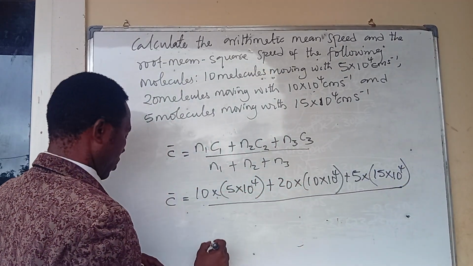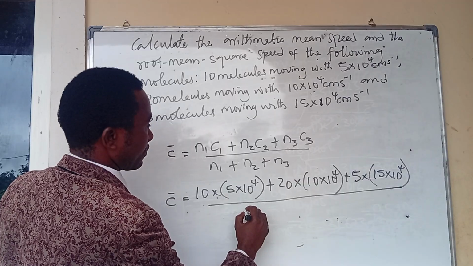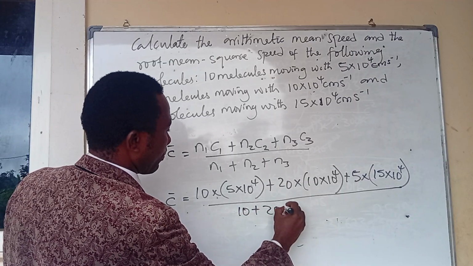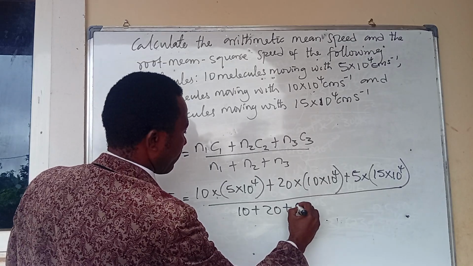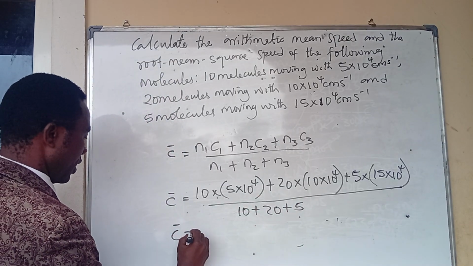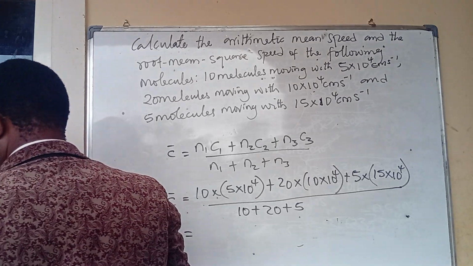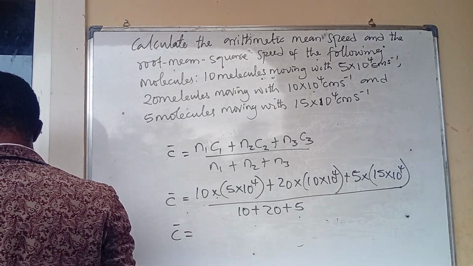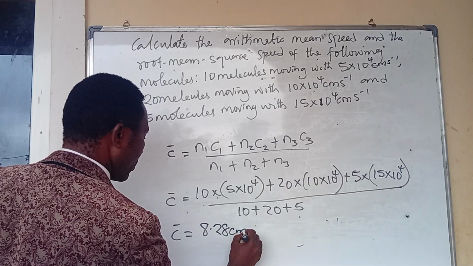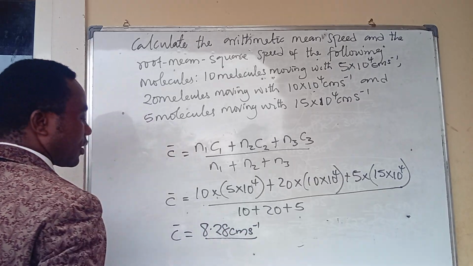Every one of them divided by 10 plus 20 plus 5. If we do the calculation, my C bar mathematically using calculator is 8.28 times 10 raised to the power 4 centimeter per second. That is the answer.